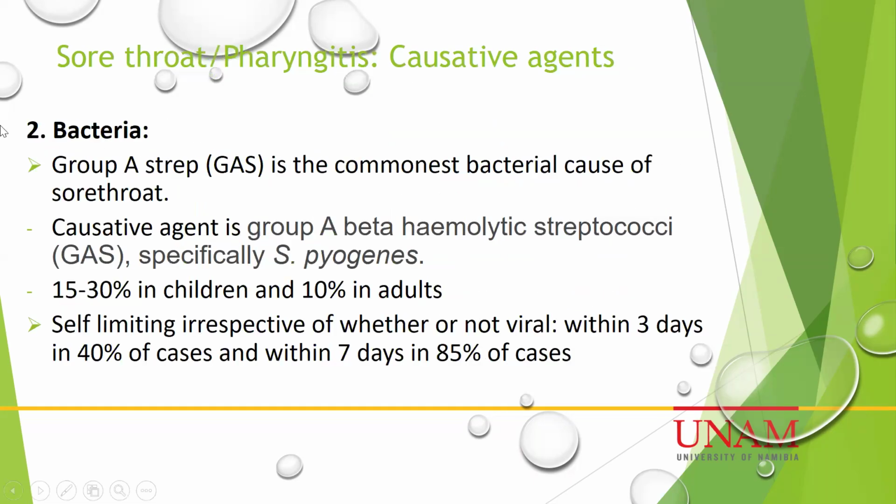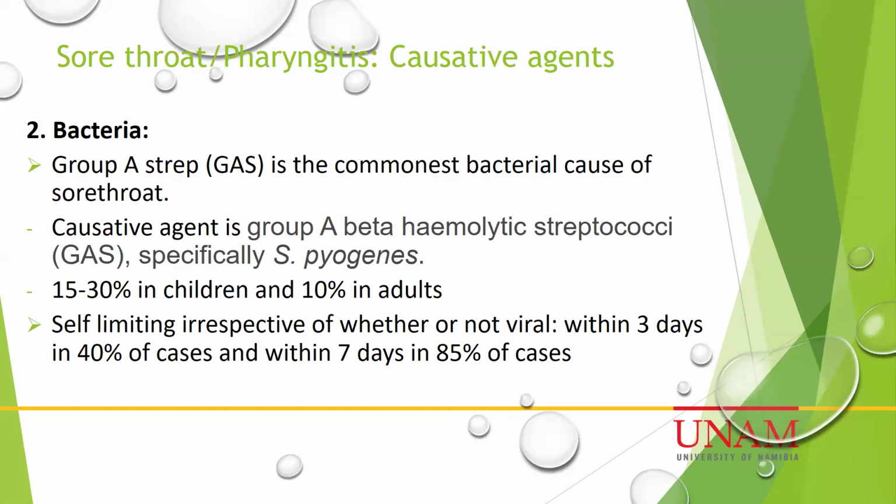The commonest cause of bacterial infection is the group A streptococcus or the group A beta hemolytic streptococcus, specifically Streptococcus pyogenes, all right, which is common in children, about 15 to 30% in children and 10% in adults.